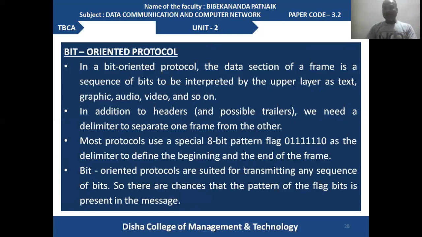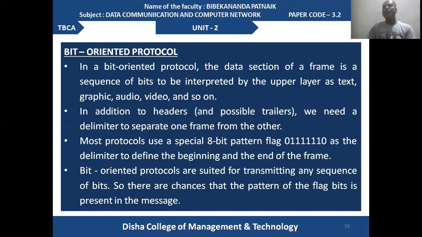In addition to headers and trailers, we need a delimiter to separate one frame from the other. Because after the 0s and 1s of bits in a frame, it must require a separator or delimiter mark to separate one frame from another frame.